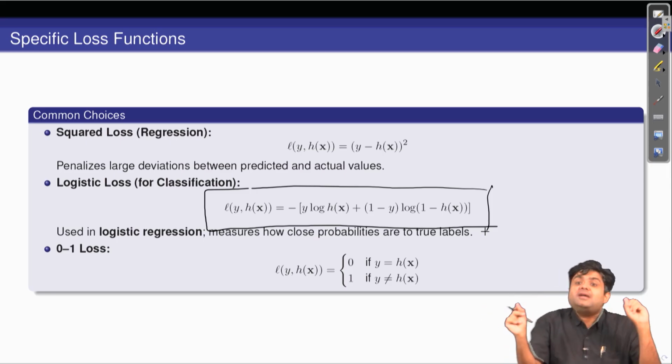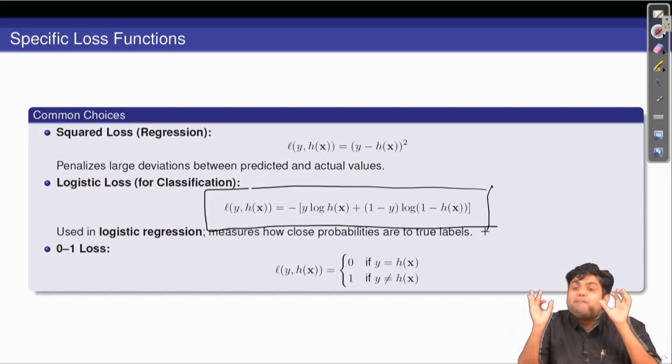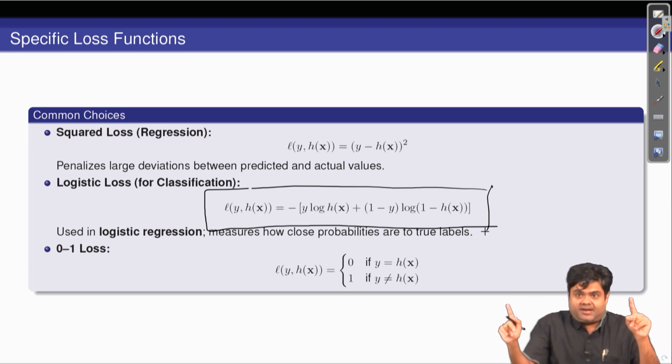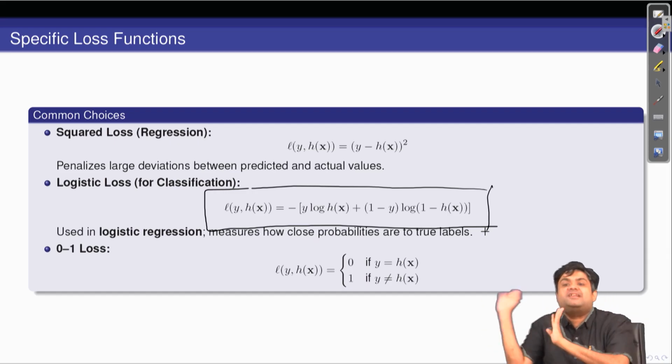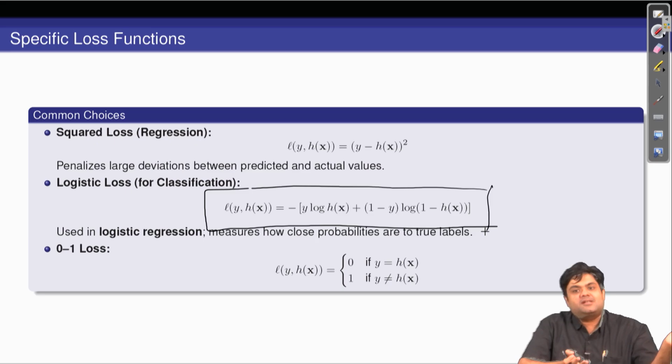Another was the maximum likelihood estimator, where you were looking for the parameter value which maximizes the likelihood of the observed data. Logistic loss is a loss function defined to be the negative of the likelihood. So maximizing likelihood is the same as minimizing the negative of the likelihood. This is what logistic loss is.